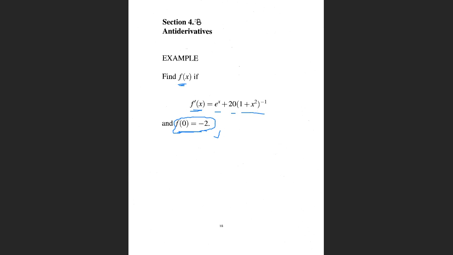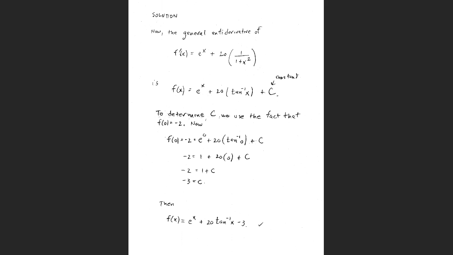All right. First of all, I'm going to write the 1 plus x squared to the negative first as 1 over 1 plus x squared. There's a reason for that, as you'll see. But certainly I can write my derivative f prime of x this way. And now I'm getting my original function.